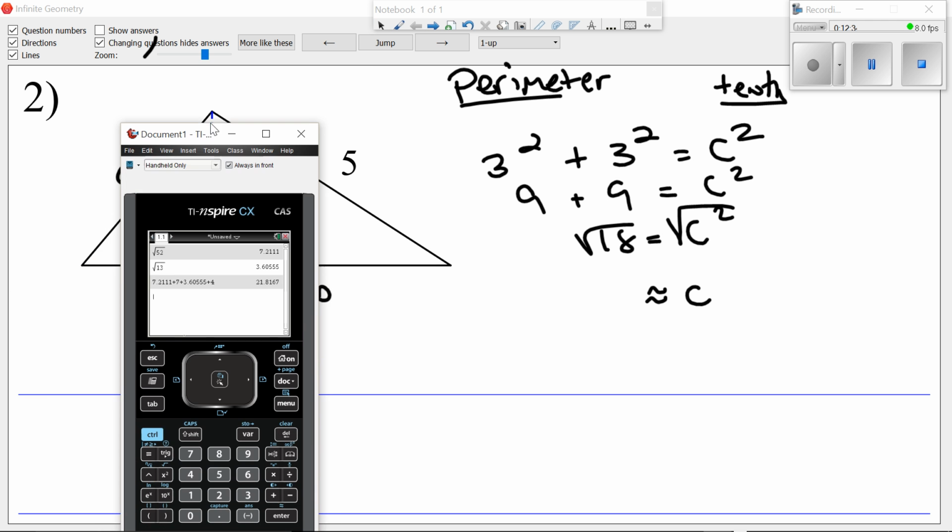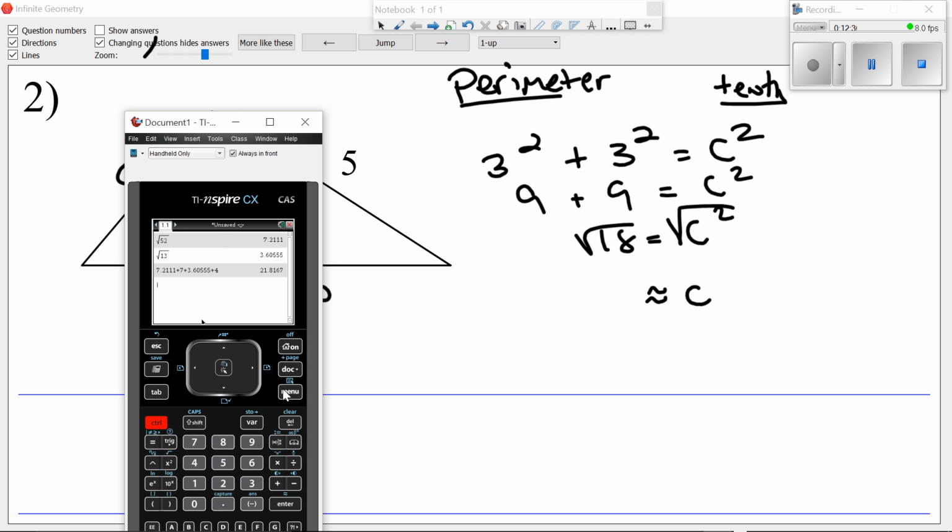But I'd like a good decimal answer, so control menu clear. Okay, so control square root, so 18. Control and enter. Oops. Okay, didn't get it inside. Sometimes it's tricky on here. 18. Okay, control and enter.